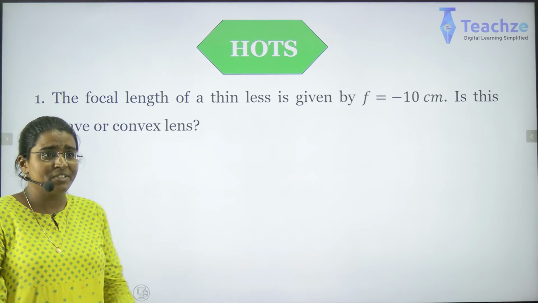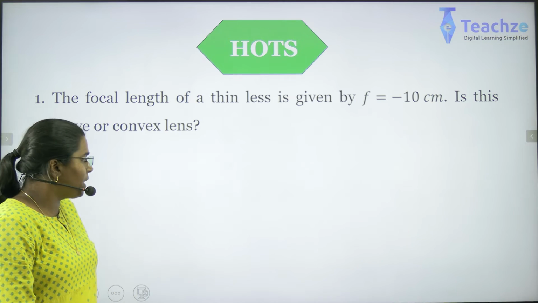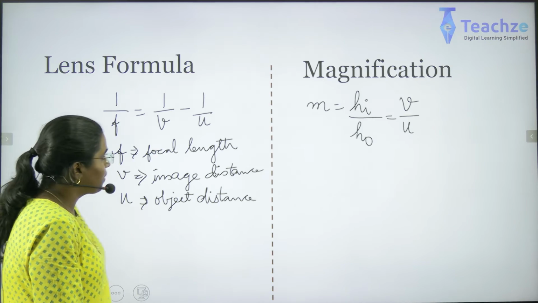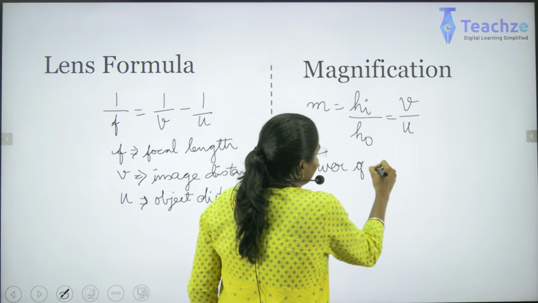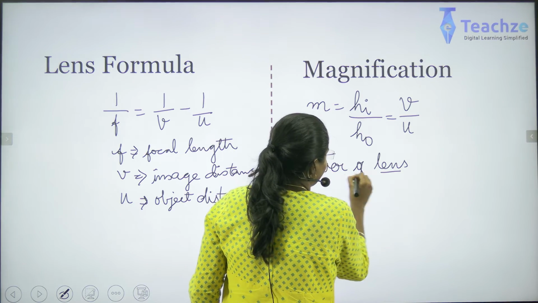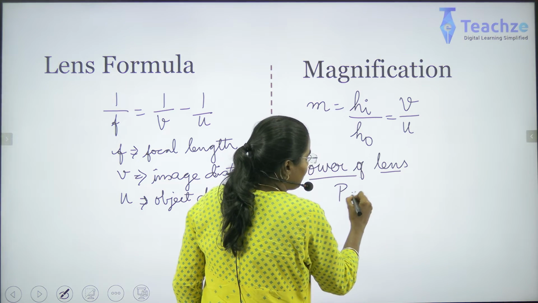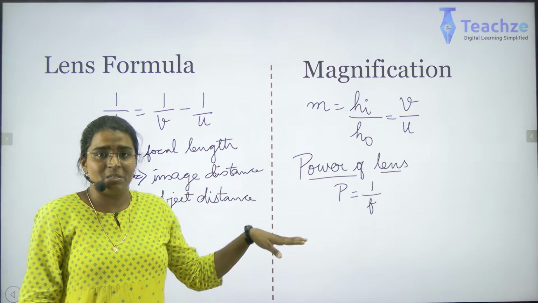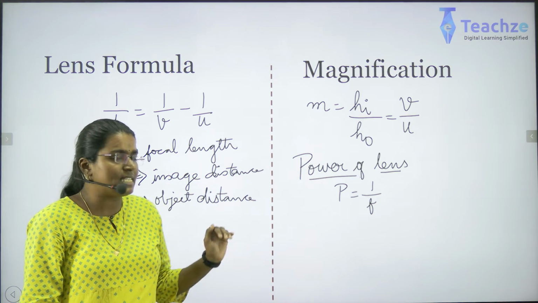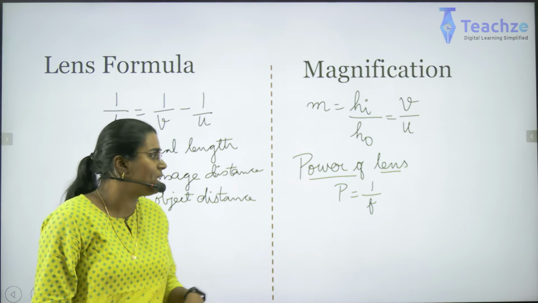The power of a lens will be P equal to 1 by f. Power of a lens is defined as the reciprocal of the focal length.